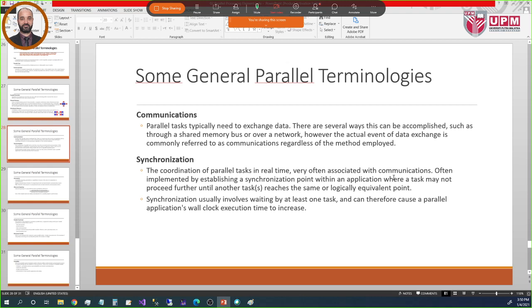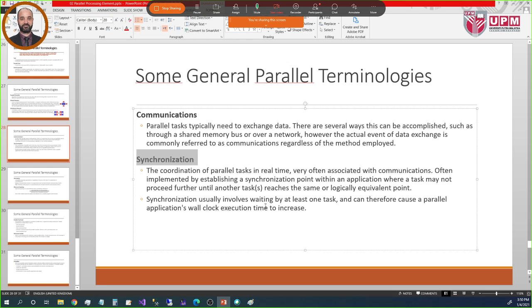Communication is very essential to have such synchronization. It is often implemented by establishing a synchronization point within an application, where a task may not proceed further until another task reaches the same or a logical equivalent point.